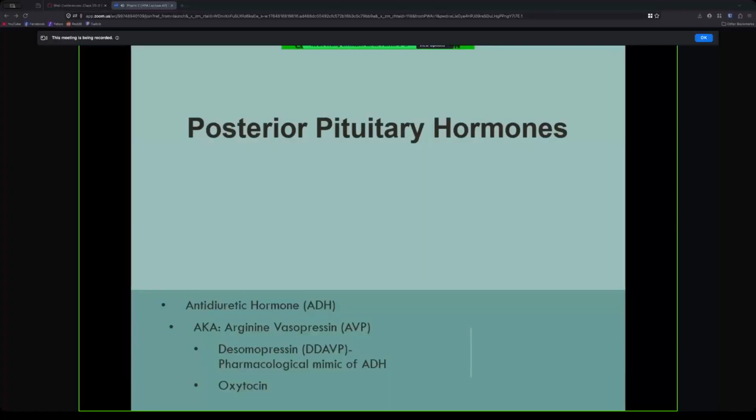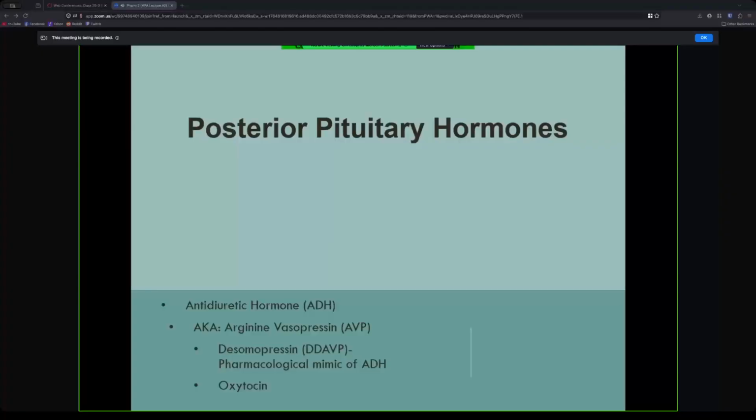Now we're moving to the posterior pituitary. Good news here, only two hormones to master. They can be a bit complicated, but there are many fewer hormones than the anterior pituitary. ADH, or AVP, and oxytocin are the two we're going to talk about, plus their pharmacological mimics: vasopressin, desmopressin, and for oxytocin, Pitocin.